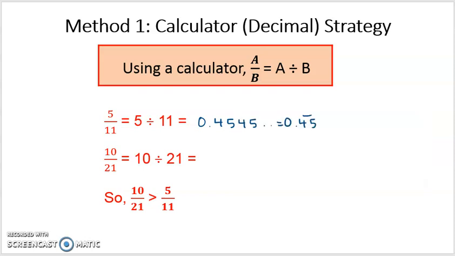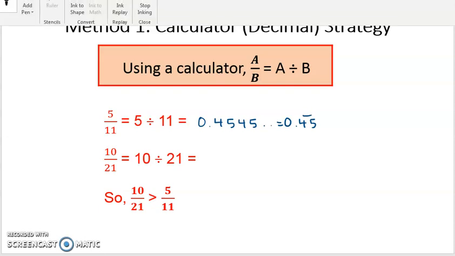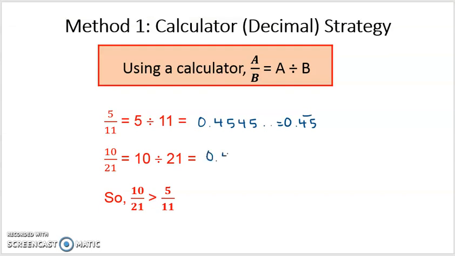Okay, so 10/21 equals 0.47619, and it keeps going. And you can see that 10/21 is greater than 5/11. So strategy number one, just use your calculator, convert the fractions to decimal numbers and compare the numbers.